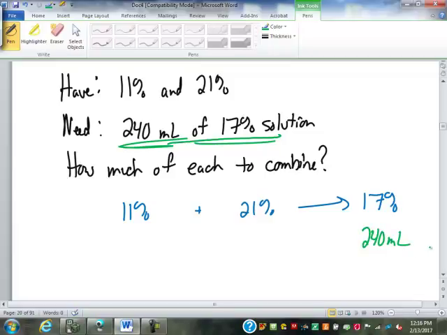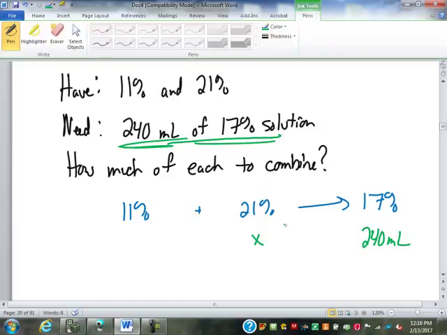So we know the total amount that we want. We don't know either of the ingredients. So what we have to do is just pick one of the ingredients to be X. Through my experience solving problems, I've learned that generally, if you let the larger of the two concentrations be X, it helps us not have to work with negatives.